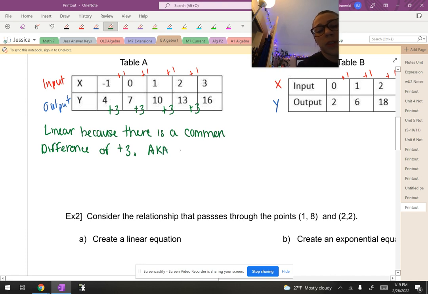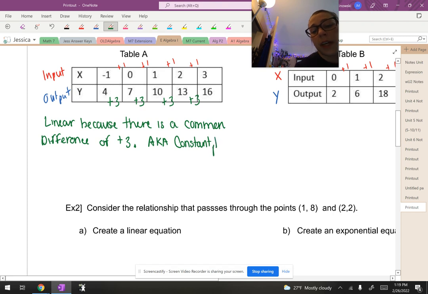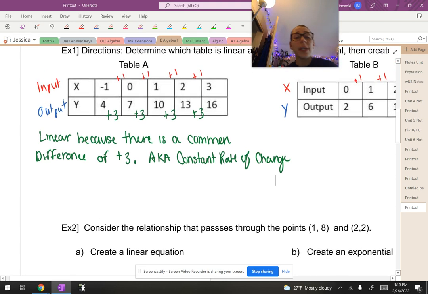AKA, just because buzzwords are fun to use, it has that constant rate of change, aka that slope, which will come in handy when I'm creating the equation.